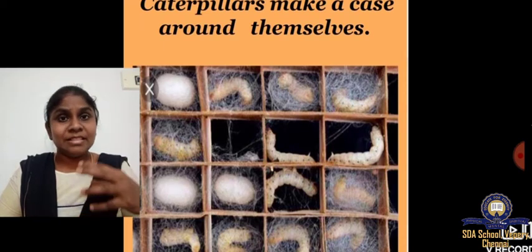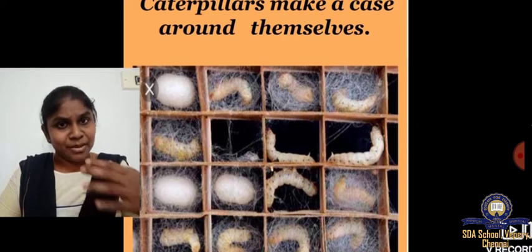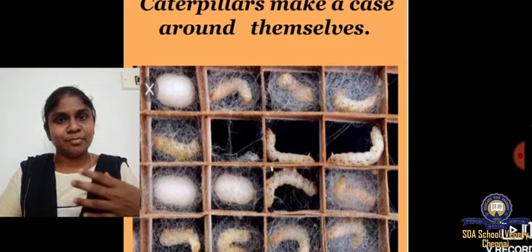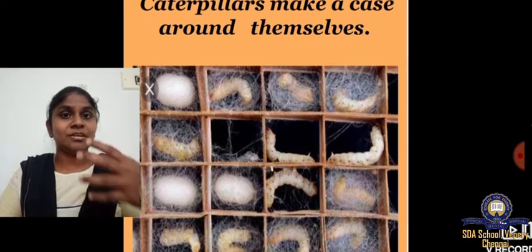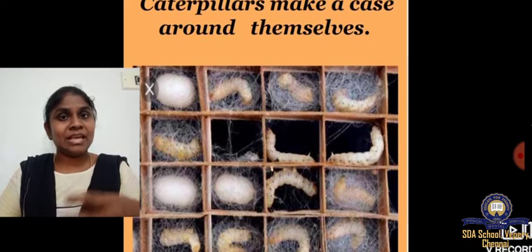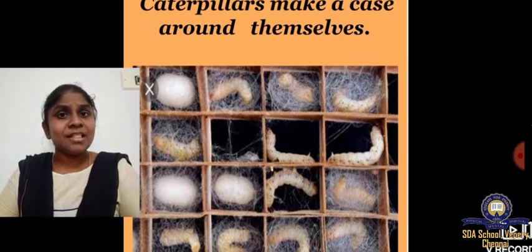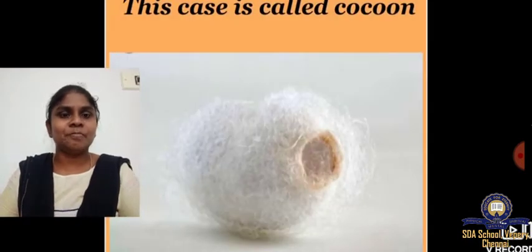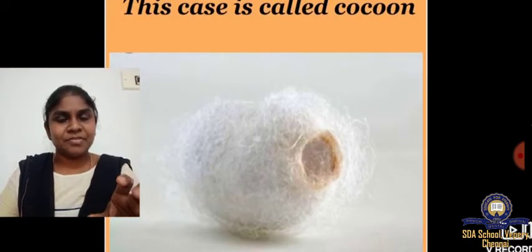Like a spider spins a web, a caterpillar also makes a case around itself. This case is called a cocoon.